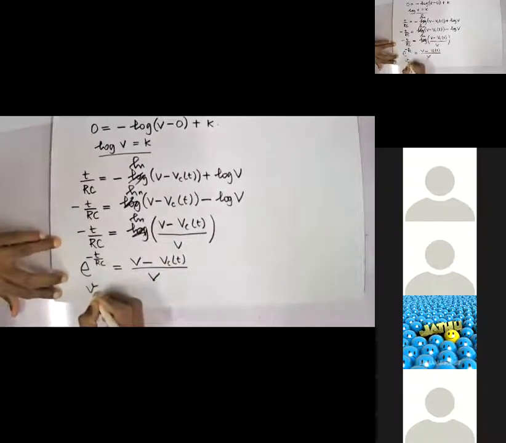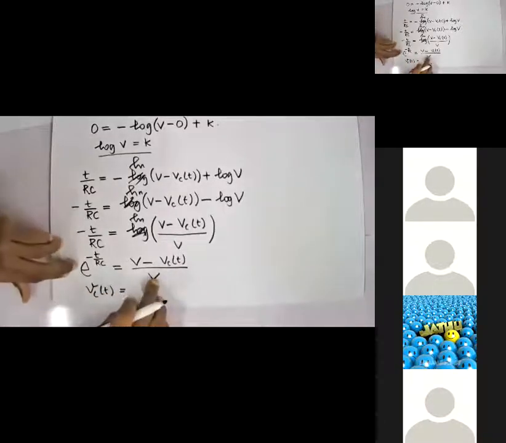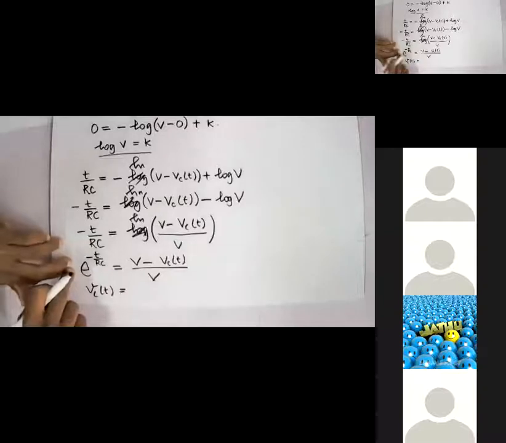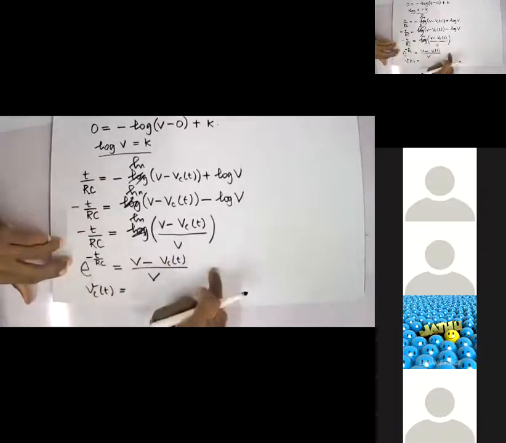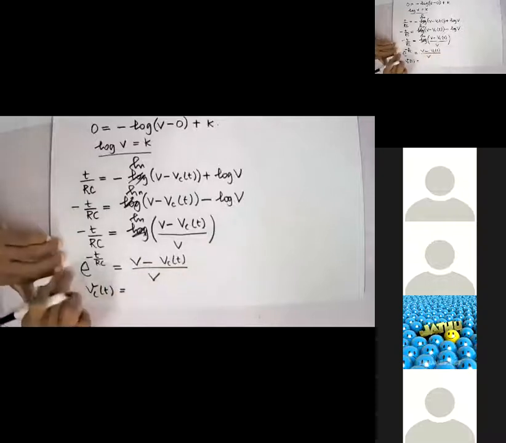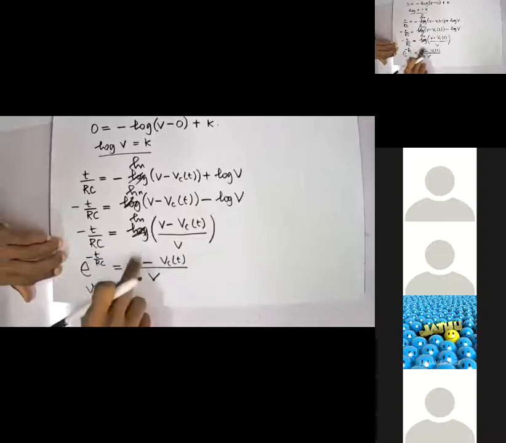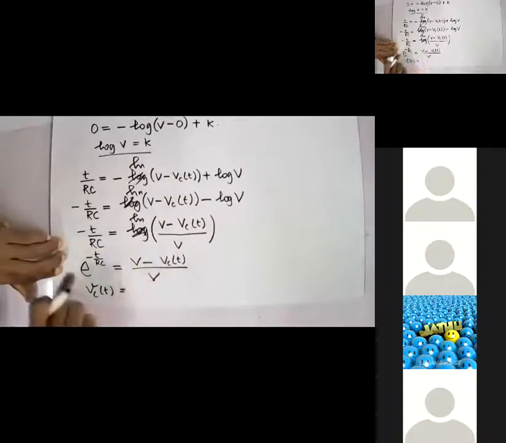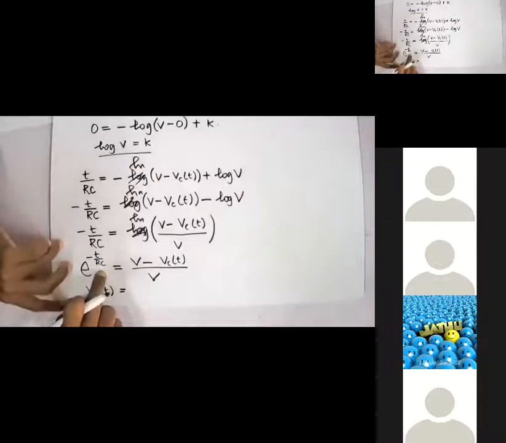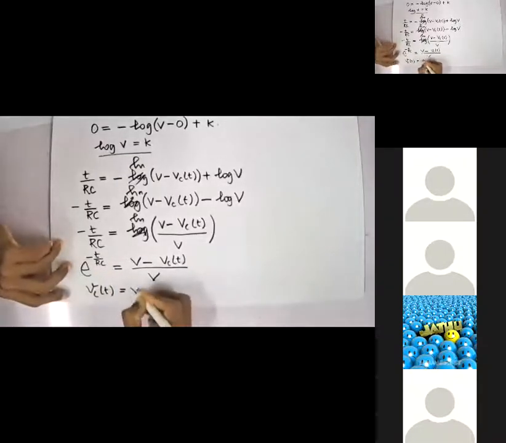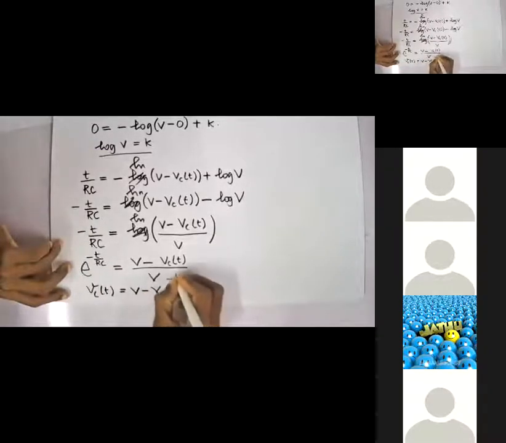So my VC of t can be written as, of course, I have to multiply this with V, and then that will go to the other side. So VC of t will be V minus V into e to the power minus t by RC.